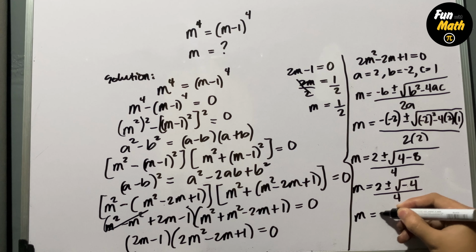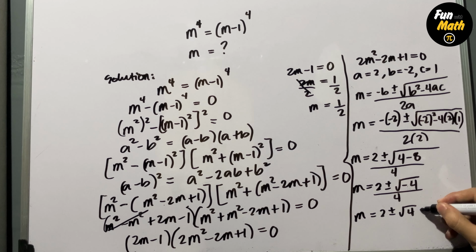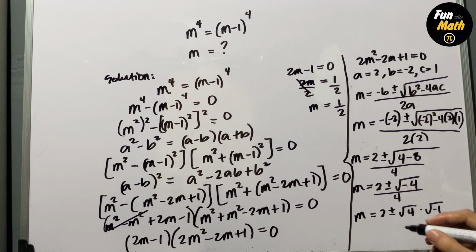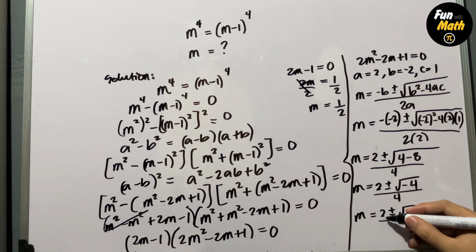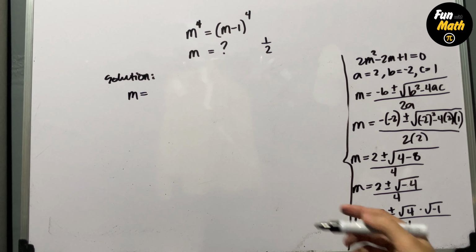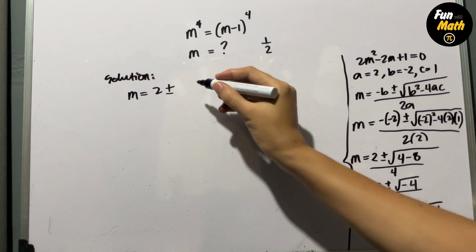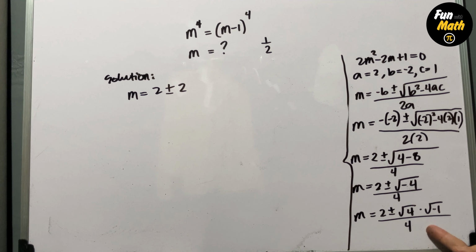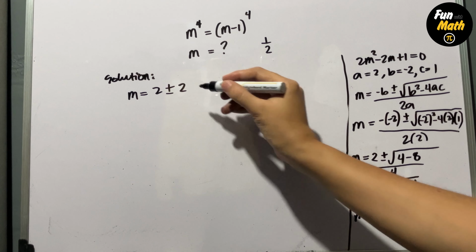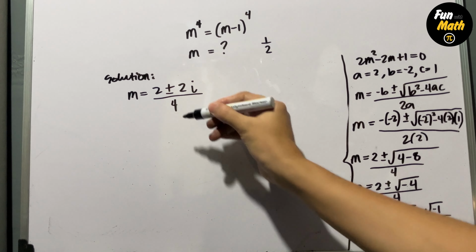So m is equal to 2 positive negative square root of 4, which is 2, times square root of negative 1, that is i, all over 4.